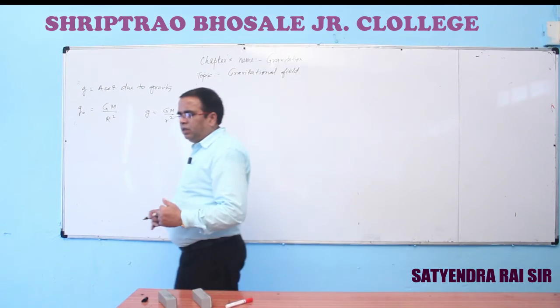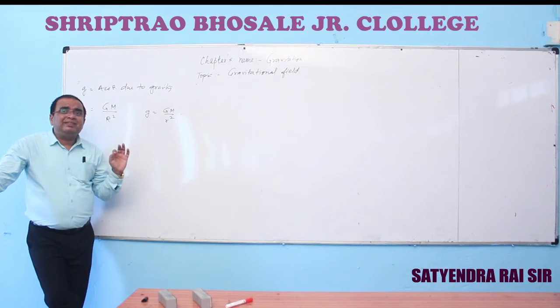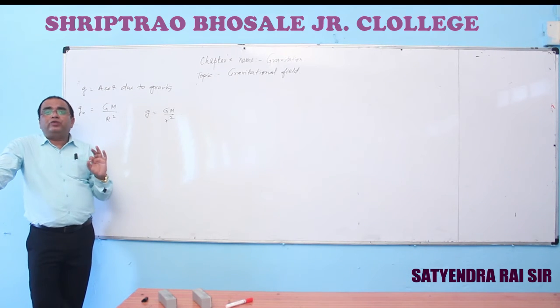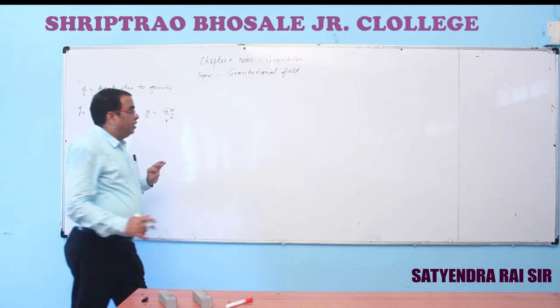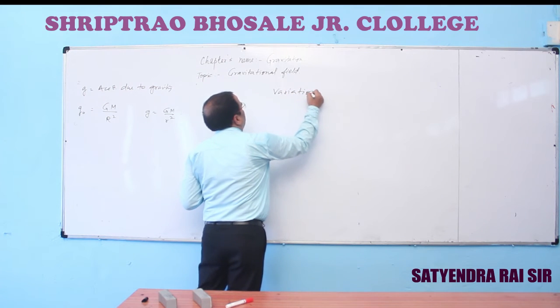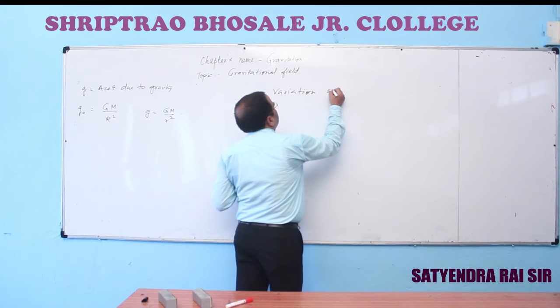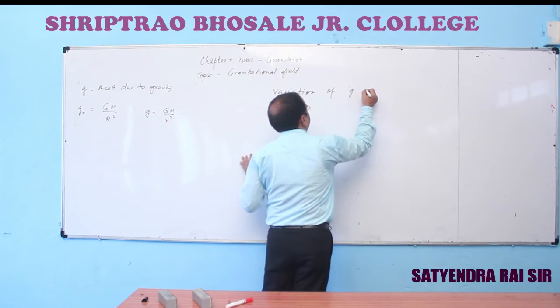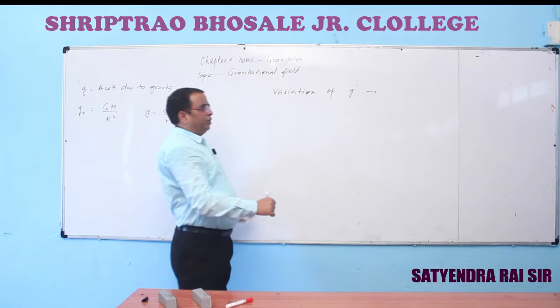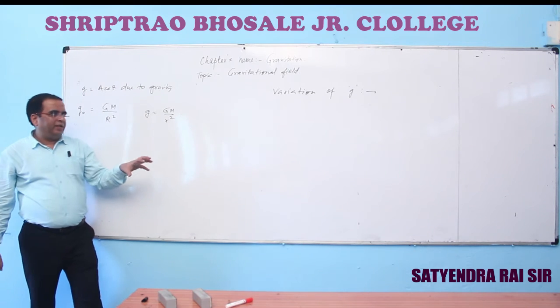We know it is 9.8, but it is not the same everywhere. This is the average value we have taken. So this time we will learn the factors on which g varies from place to place. Variation of g is now our topic of discussion.